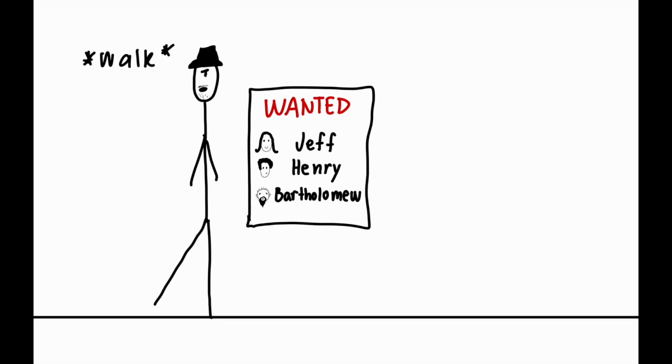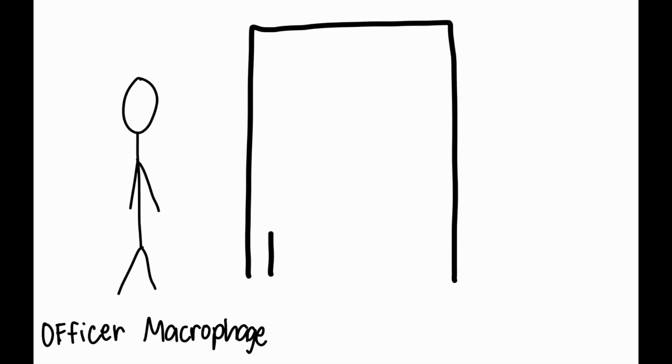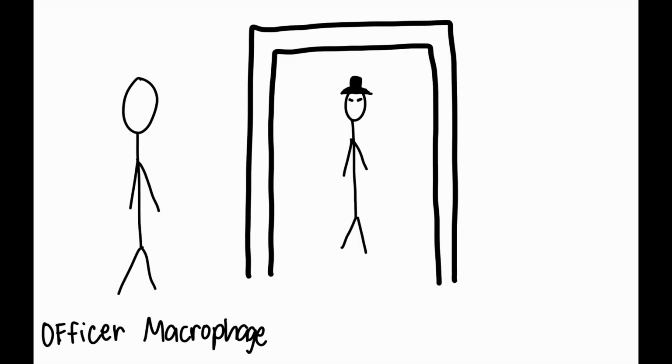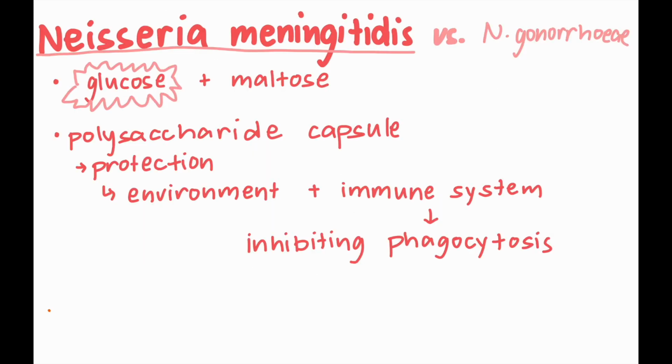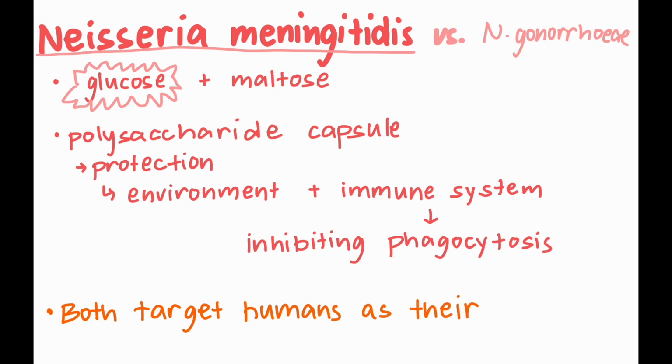Although Neisseria meningitidis is a foreign invader, it is unrecognized by immune cells responsible for getting rid of foreign invaders such as bacteria. This is good for Neisseria meningitidis, but bad for the host, because it allows Neisseria meningitidis to get to its destination without interruption. I would also like to add that both species target humans as their host.